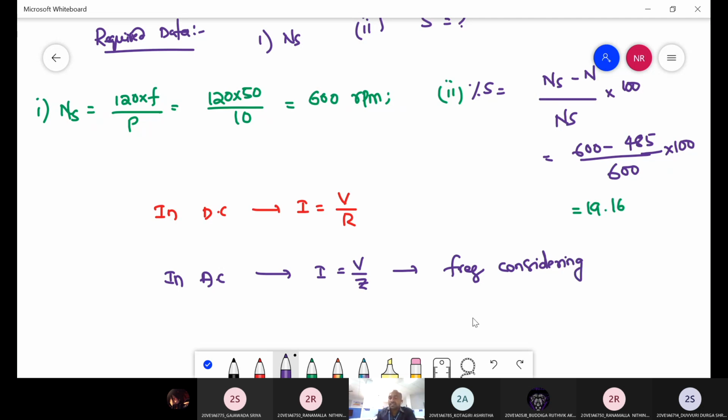When the frequency is considered, the inductive reactance as well as capacitive reactance are affected. Here frequency is not there, so XL and XC are 0. That's why it is V by R.